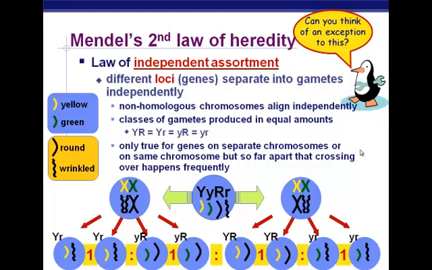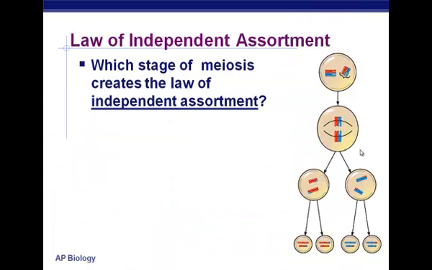Each chromosome has about 1,000 genes. And so if that gene is on chromosome 1 and the other gene is a little bit further down on chromosome 1, odds are they're going to travel together, and then you would not see this independent assortment. Unless by chance crossing over happened on that part to separate those two genes. And we'll clarify that a little bit more in 8.2, and that's the focus of it.